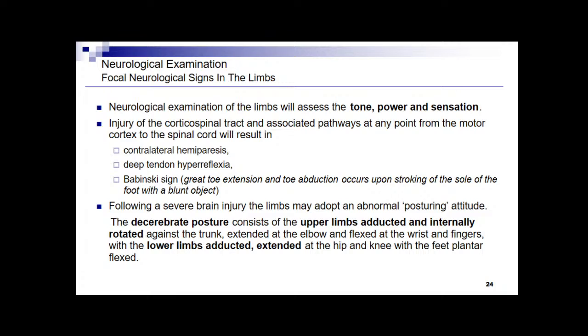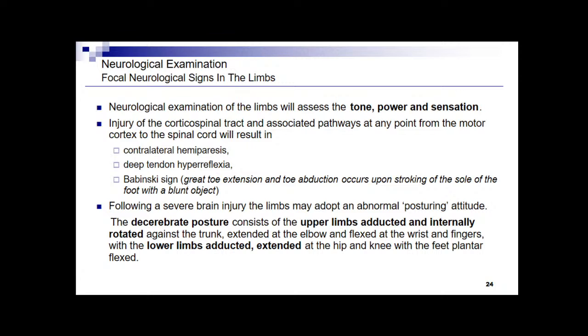Following a severe brain injury, the limbs may adopt an abnormal posturing position. It means the motor response, the postural position of the patient, 1 and 2 points, flexor or extensor position.